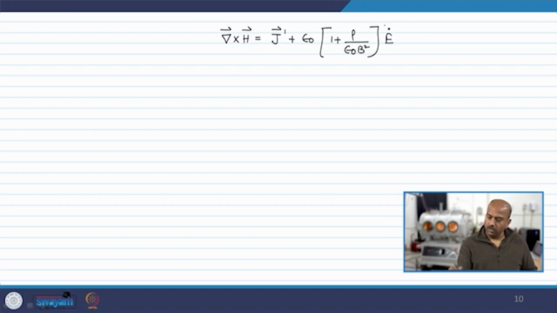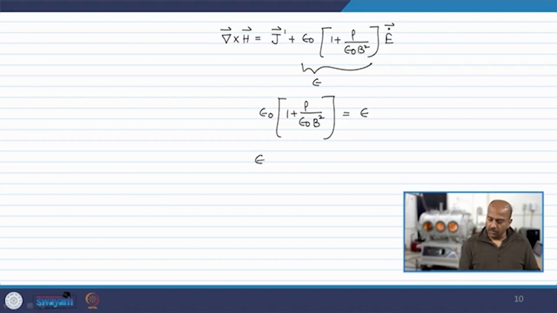times E dot. Now, if it is in a medium or if it is not in vacuum, it is ideal that we use the permittivity epsilon. Epsilon naught is the permittivity of free space. If it is not in vacuum, we can use epsilon, which represents the permittivity of the plasma or the medium, right. So, that means this product, epsilon naught times 1 plus rho by epsilon naught B square, should be equal to epsilon.